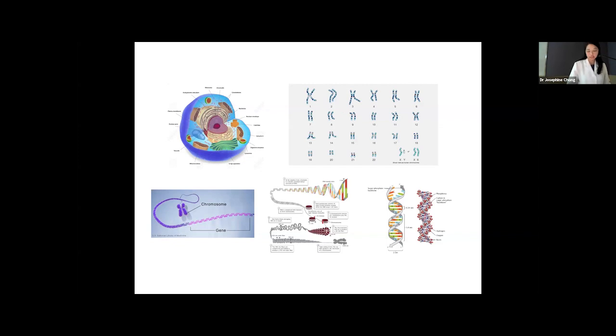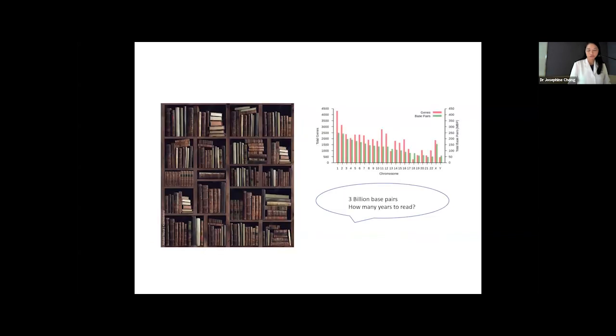So this is a very early presentation of chromosomal disorder. You can see for chromosome 1, there are more than 4,000 genes. And then you can see chromosome 21, which is the Down syndrome that we all know. Down syndrome involves chromosome 21. This chromosome is relatively short and only involves around 500 genes.